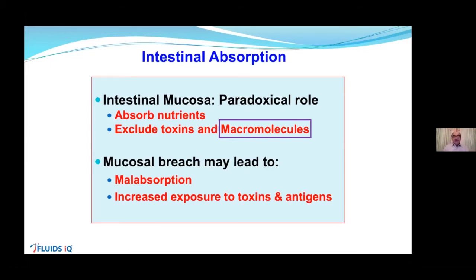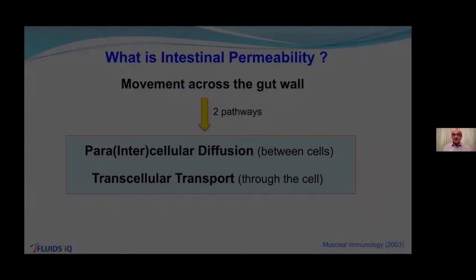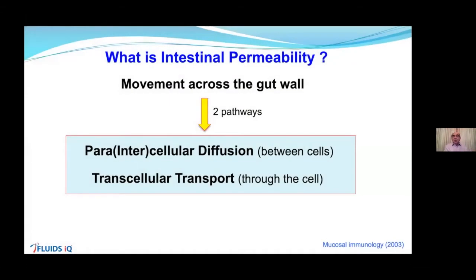And so if you get a breach of the mucosa, for whatever the reason, you end up with any number of things, including malabsorption of food entities and, of course, a much greater increase in exposure to both toxins and the various antigens. So what is the real definition then of intestinal permeability?